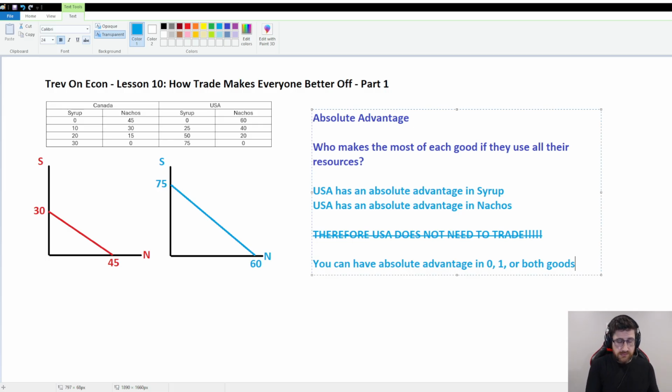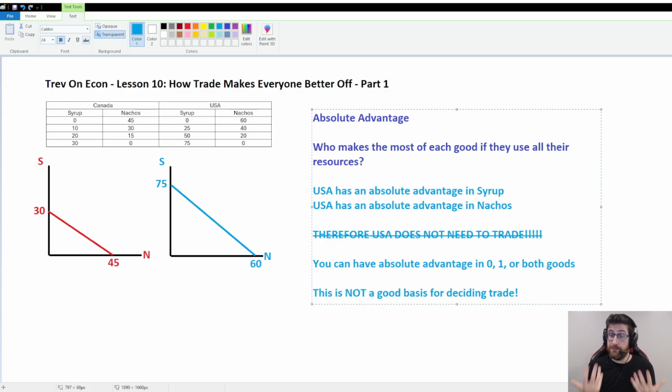Why this all matters is that it actually doesn't matter. That is its point, I guess, that this is not a good basis for deciding trade. This is actually a terrible basis. The problem is it's a very simple basis.